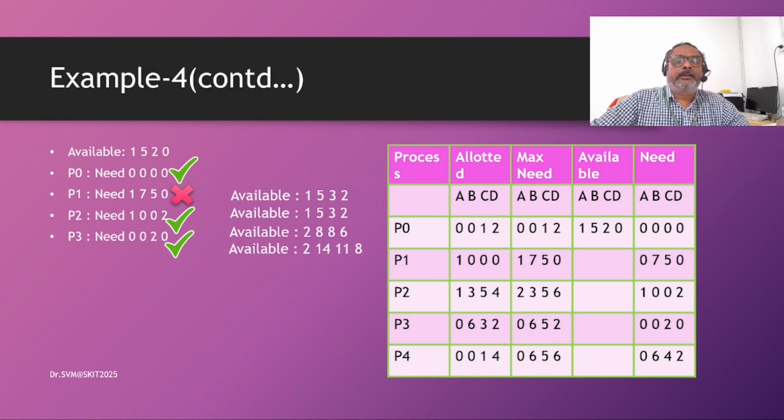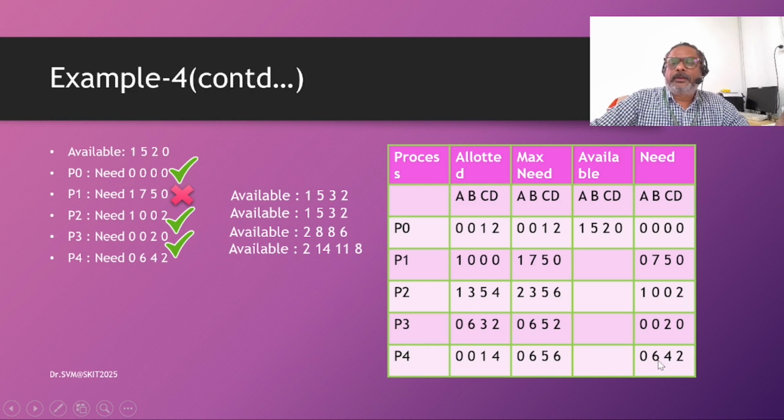After that, what is available: nothing of A released, so 2 remains 2, 6 instances of B released, so 8 plus 6 is 14, 3 instances of C released, 8 plus 3 is 11, and 2 instances of D released, 6 plus 2 is 8. So that's the current availability.